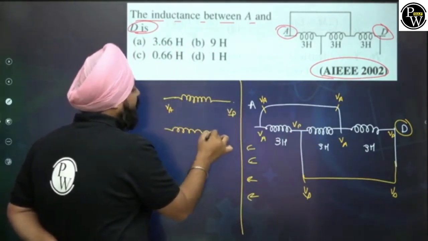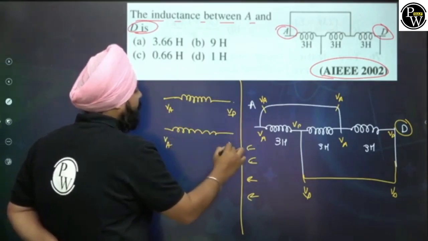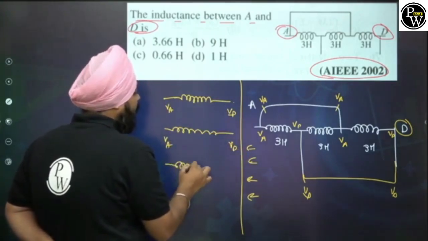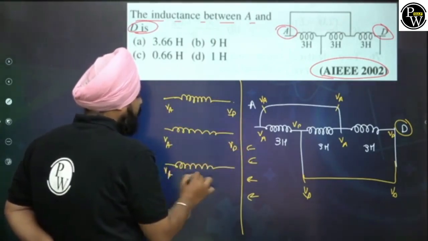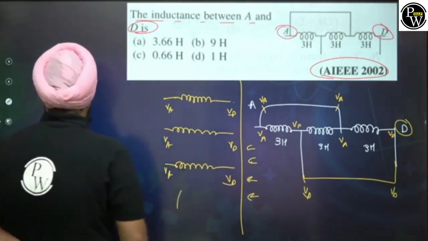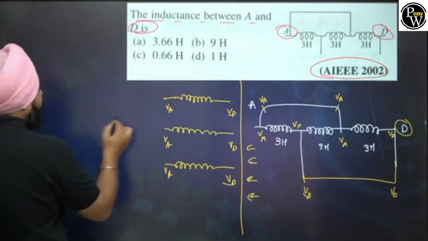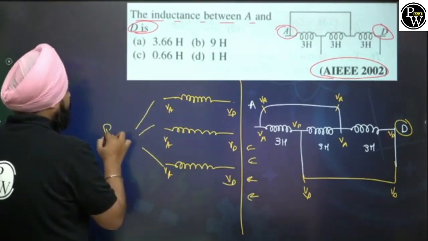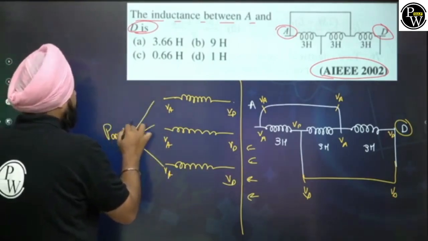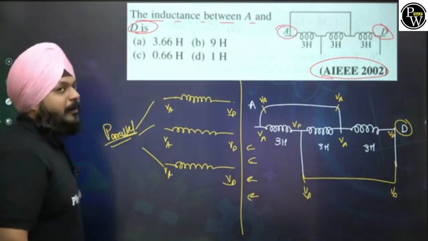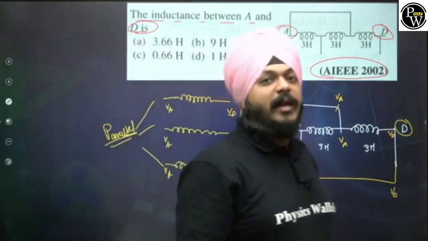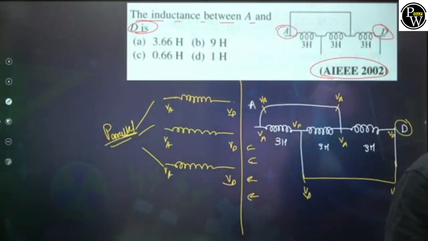The second inductor has the potential difference of VA minus VD, right? The third inductor has the potential difference of VA minus VD. So all three of them have the same potential difference. It means that they are connected in parallel.